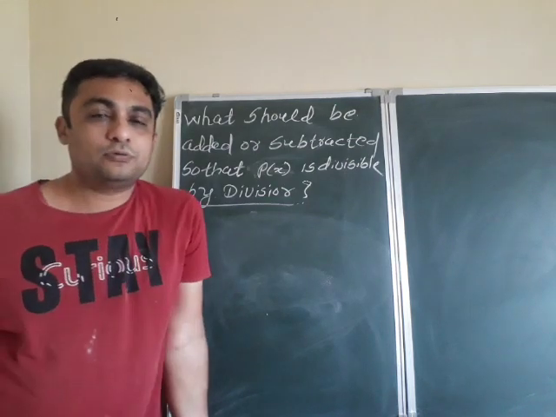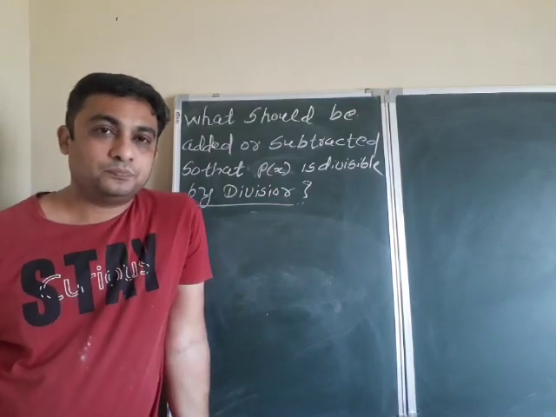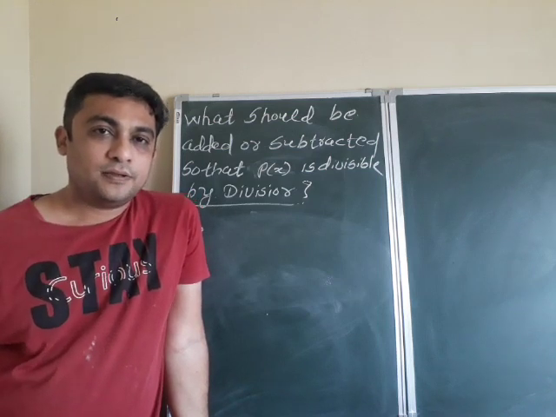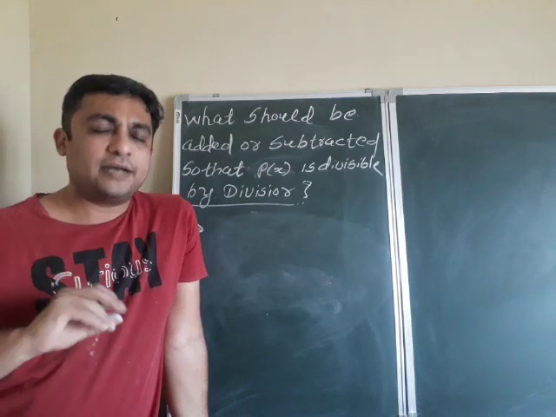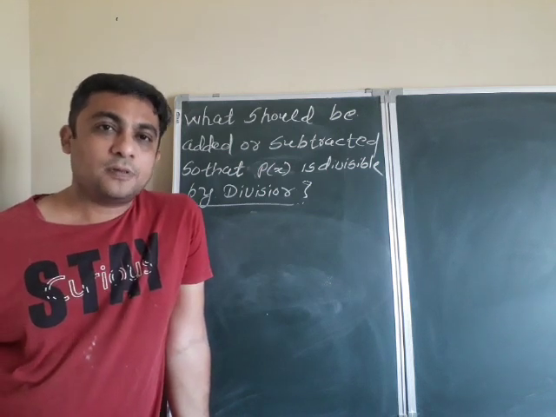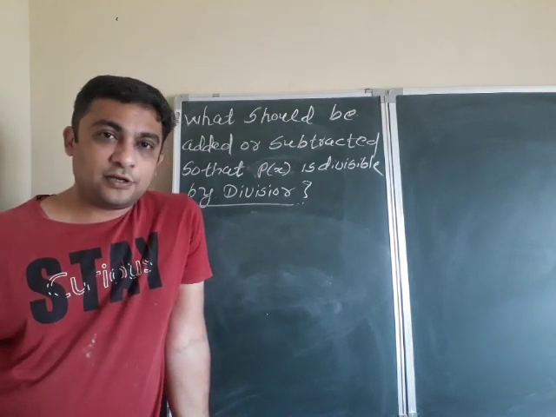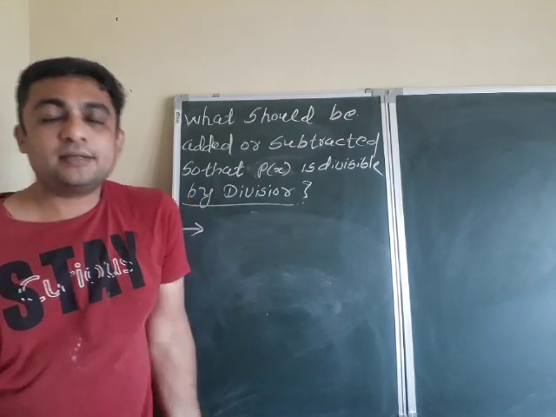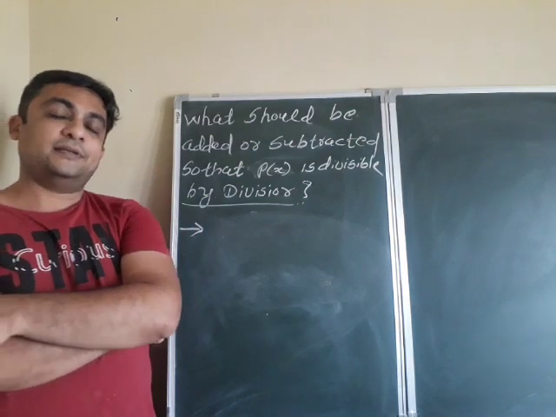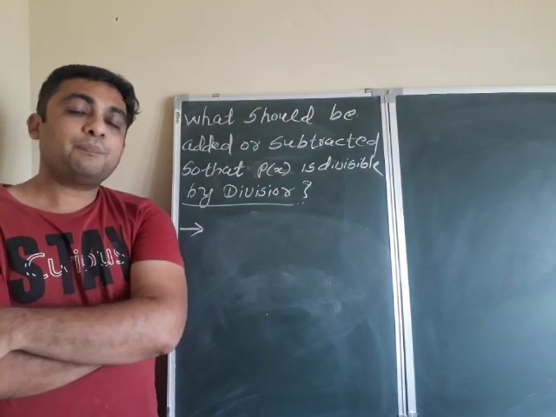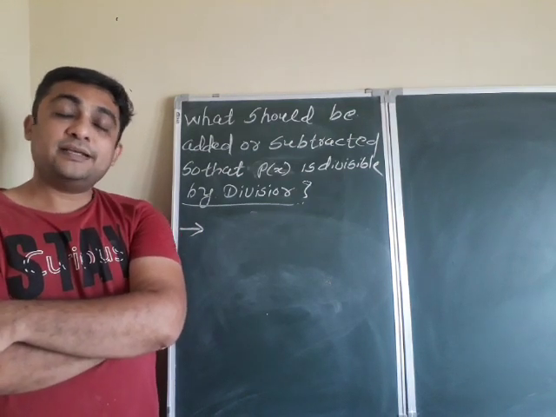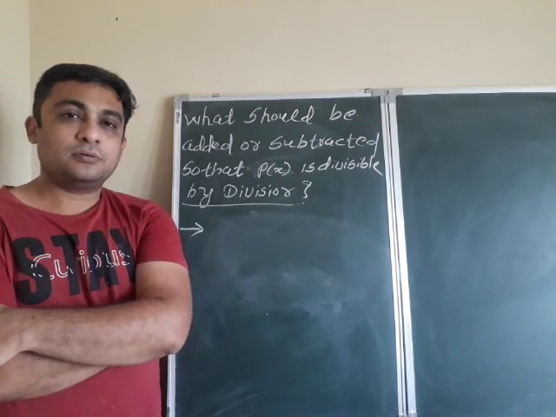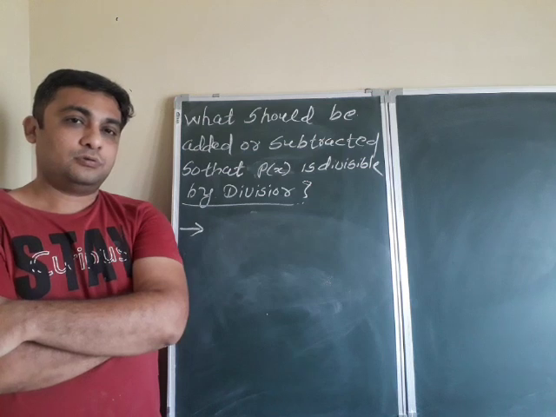Number 1, write down. In case remainder is 0, then p of x is already divisible by divisor.